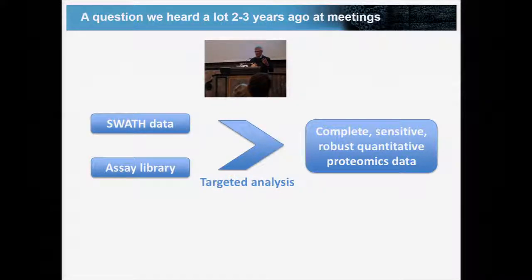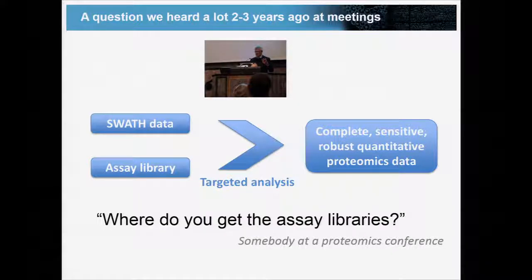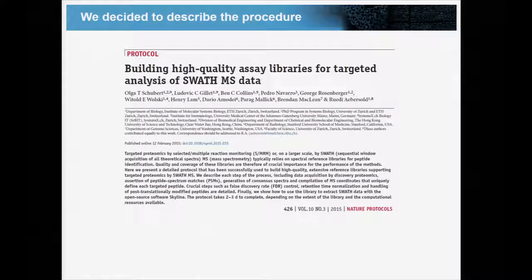And then everyone would always say, oh okay, but where do you get the assay libraries from? There's a lot of confusion about this topic. Some people who had done some SRM or more classical targeted proteomics had some idea about this, but the more shotgun DDA-oriented people found this a bit confusing. So this motivated us to write this down. I should say this motivated Rudy to motivate us to write this down in a protocol.